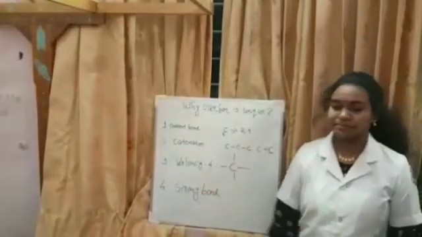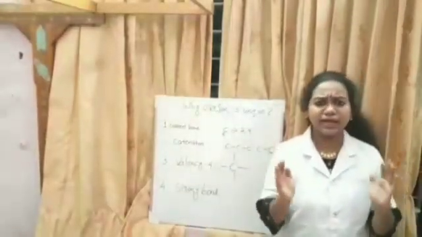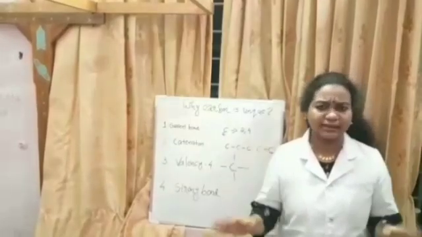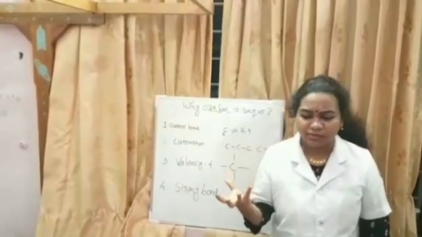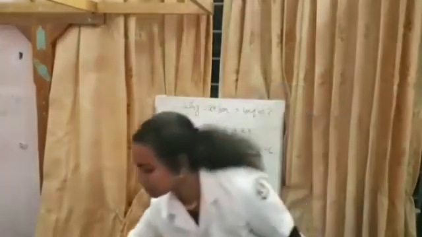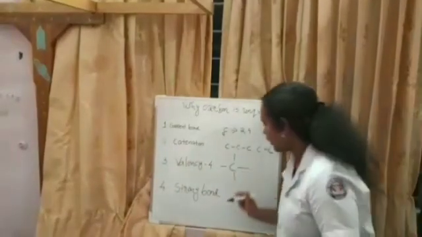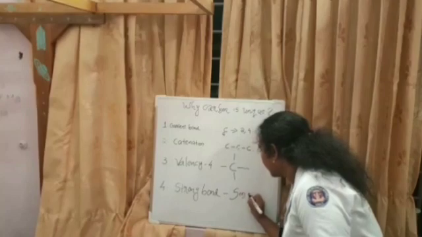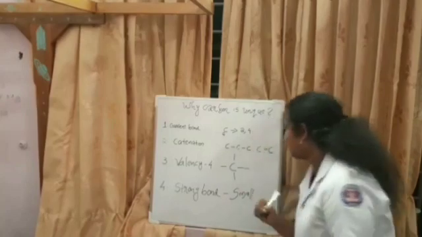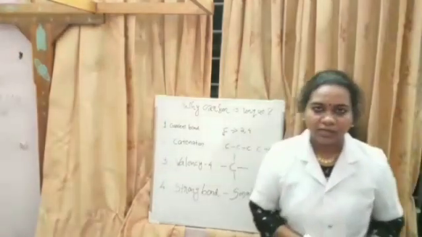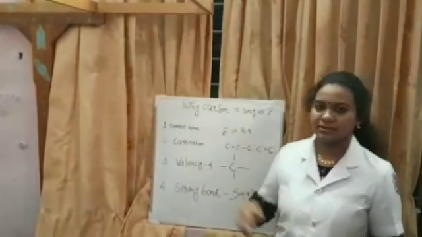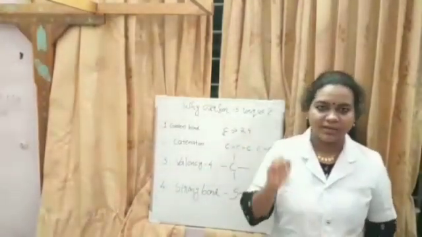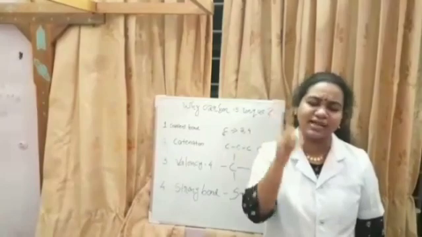And the last reason: it always makes strong bonds with any other element. Why? Because carbon is very small. Its atomic number is 6, so it has a very small size.